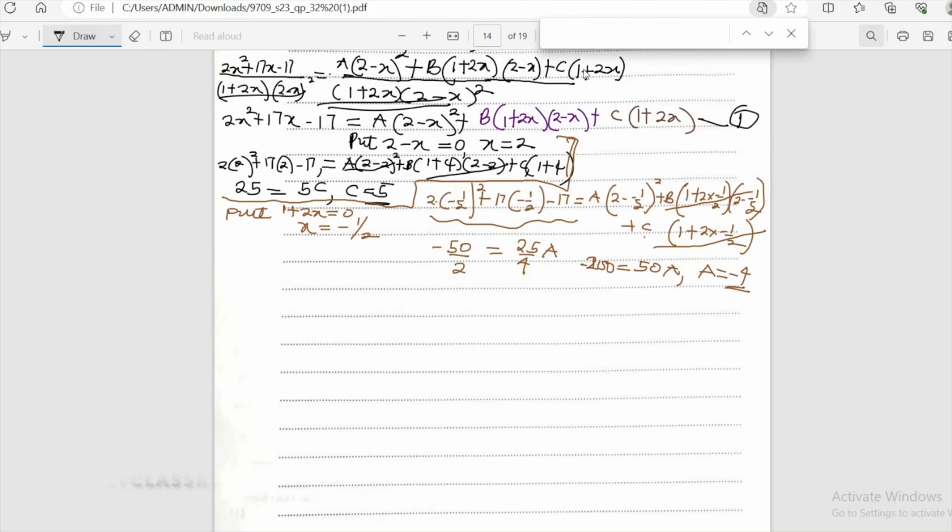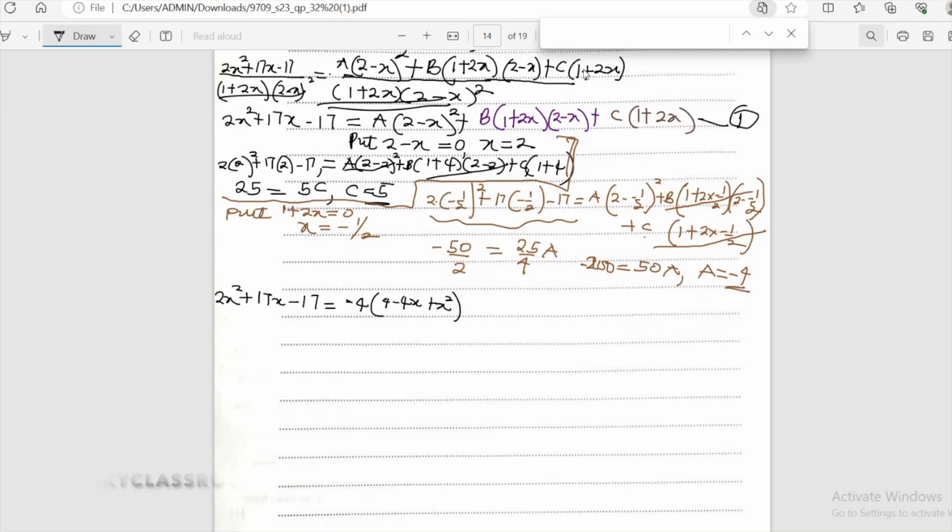Let's do it. Equation 1 is 2x squared plus 17x minus 17 equal to our A, which is minus 4. When you expand 2 minus x squared beside A, we're going to have 4 minus 4x plus x squared.